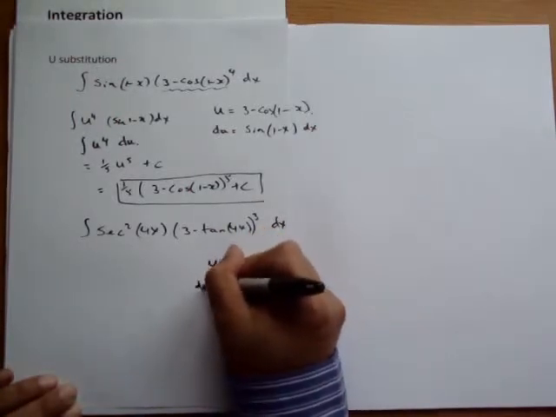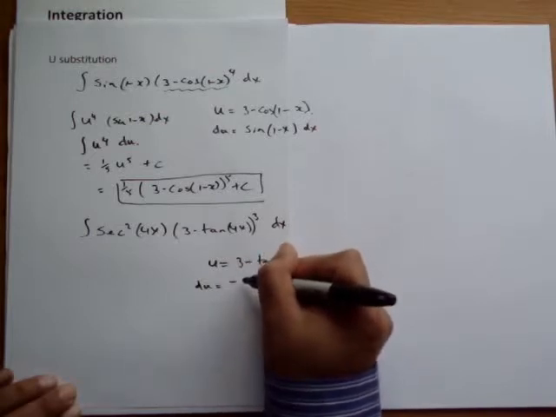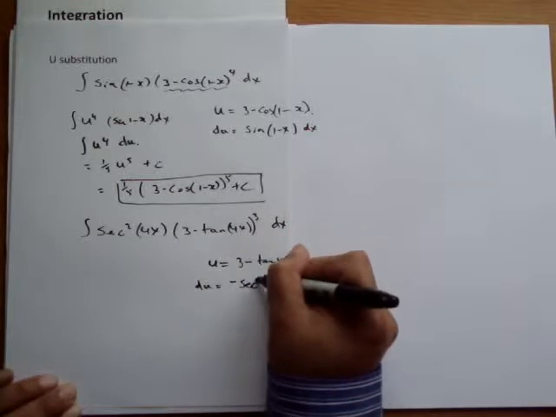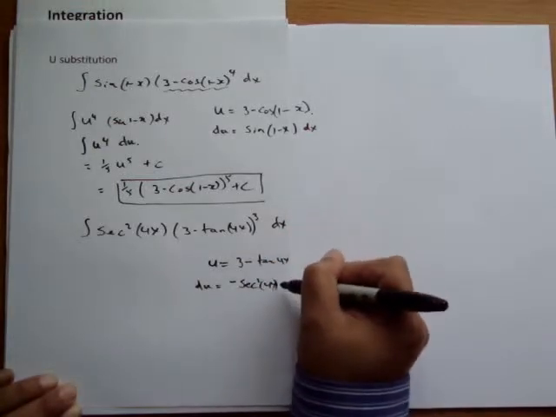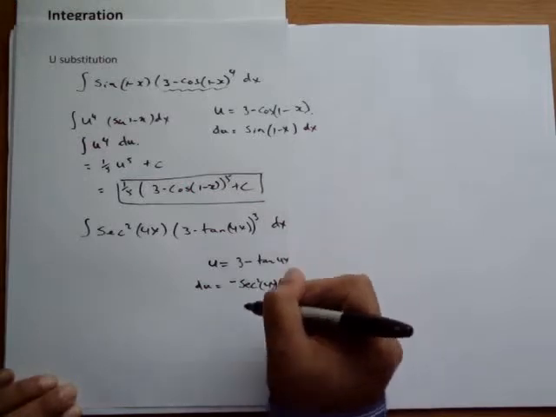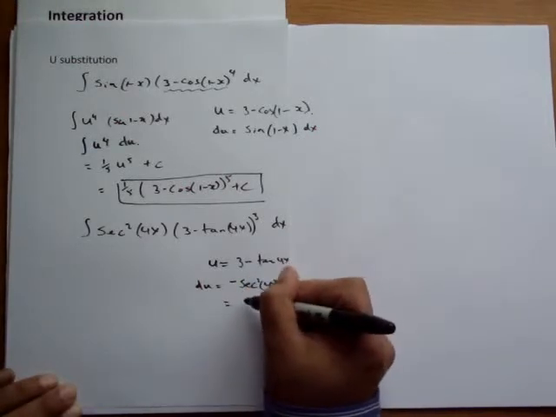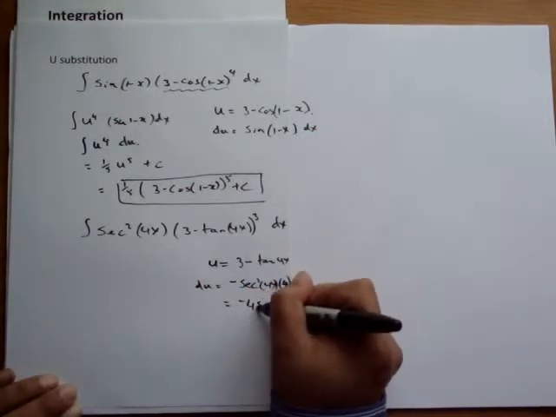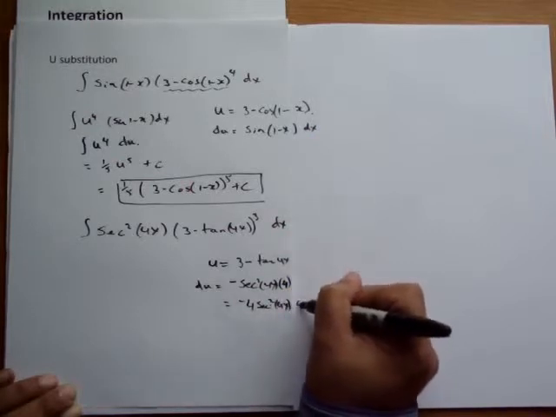Our du would then be minus sec squared 4x multiplied by 4. Or another way of writing it would be, if you wanted to, minus 4 sec squared 4x dx.